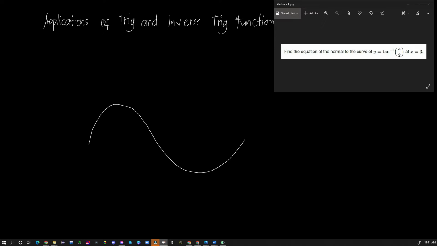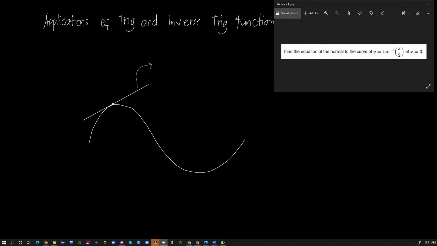Okay. Unsa gani ang tawag sa line nga nag-intersect sa ato ang graph at exactly 1 point? Ning-touch siya at exactly 1 point. Unsa gani tawag ani nga line? Tangent, sir?